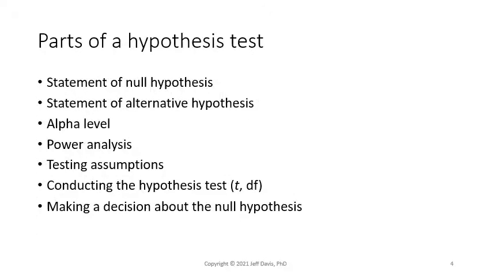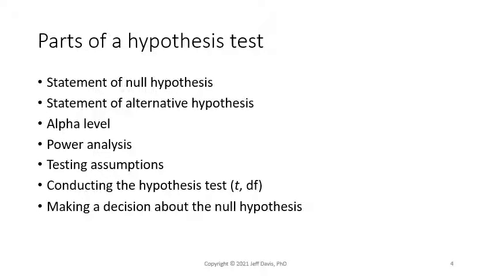Now, again, all the parts of the hypothesis test that we covered in Chapter 8 apply here. The statement of the null and alternative, we'll talk about those real quick. The alpha level, power analysis, all those are pretty much the same as what we covered in Chapter 8. Testing assumptions, pretty much the same stuff.